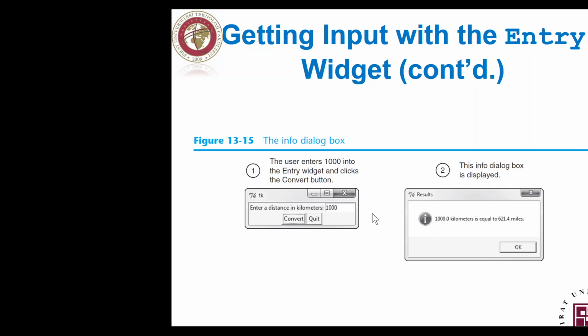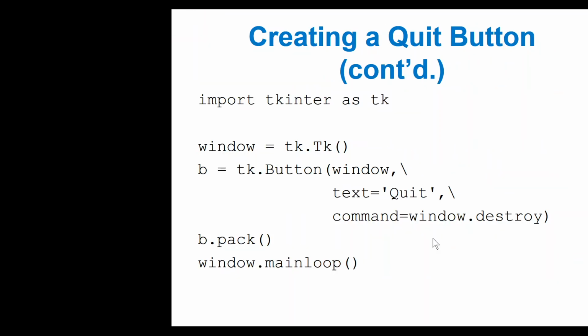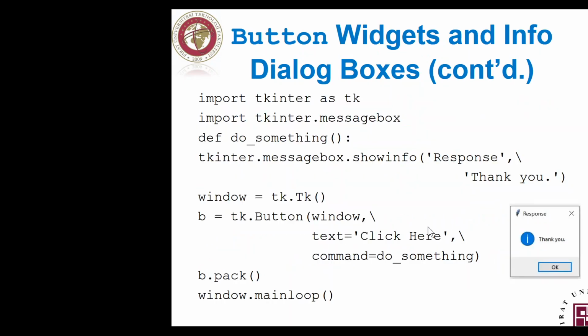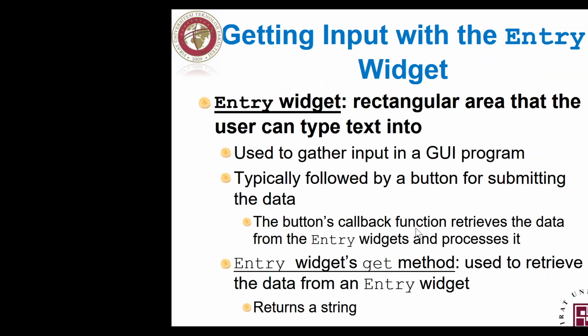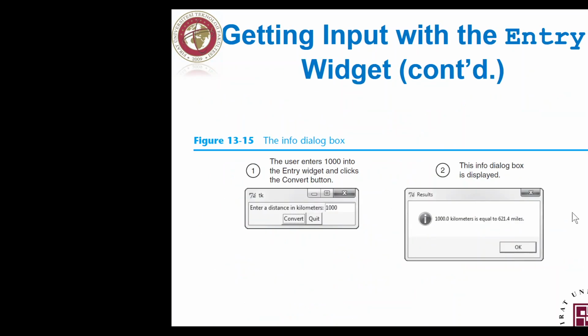Now we can use a message box dialog to display the outcome. So previously what we did, we displayed here thank you. We can display the calculation. It's not necessarily text. We can calculate and place our statement here. We will see how we can do those practically.